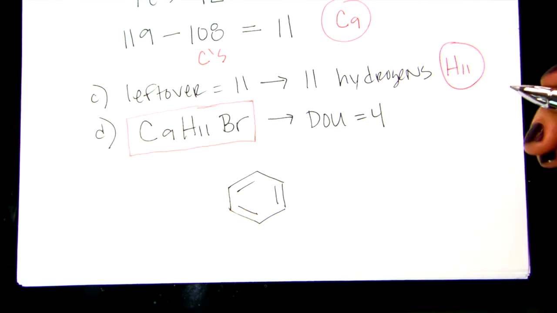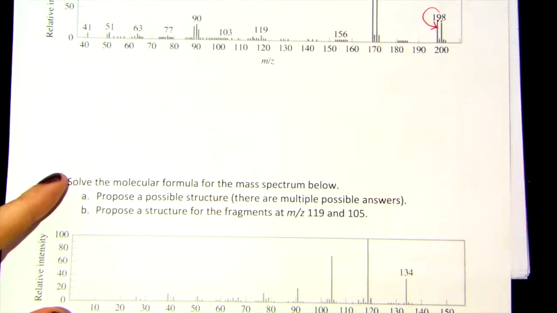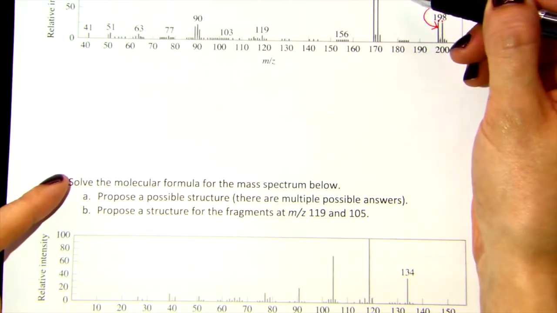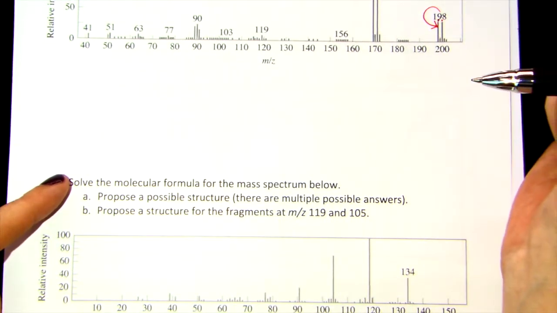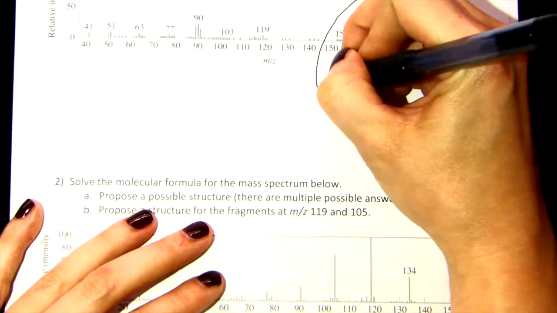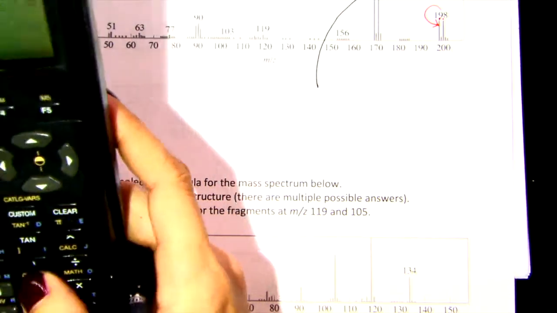And then you can start looking for other evidence. If you want to be really exact, you could look for fragmentation. And so you'll notice here in the data we have a really strong fragmentation peak at 169. So we could look at that one peak at 169 and figure out what that is. So that's 198 minus 169.